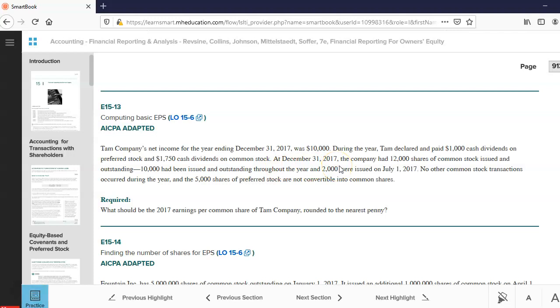On December 31 of 17, they had 12,000 shares of common stock issued and outstanding, and they had 10,000 issued and outstanding through the year, and 2,000 issued July 1 of 17. No other common stock transactions occurred, and 5,000 shares of preferred stock are not convertible into common shares. So what should be the 2017 earnings per common share of TAM company rounded to the nearest penny?